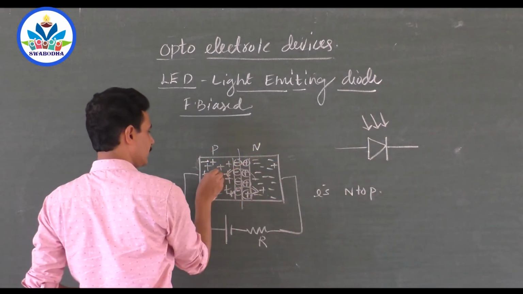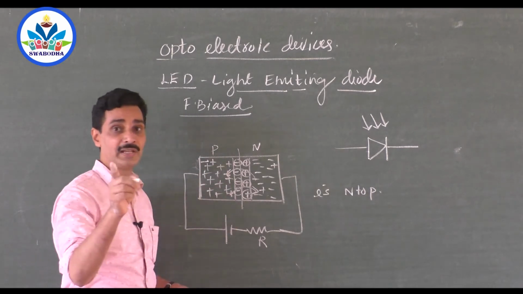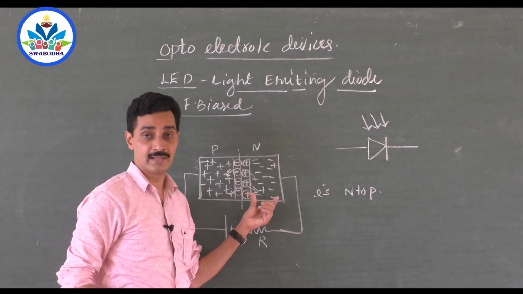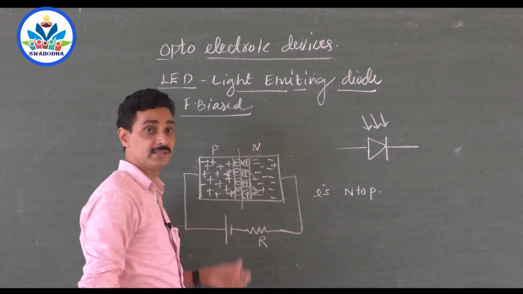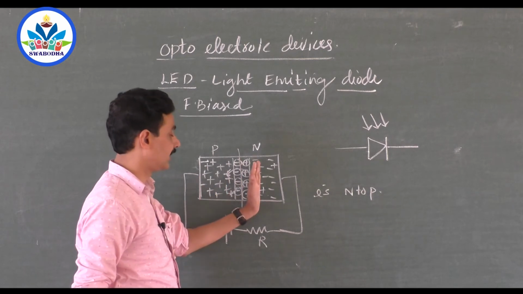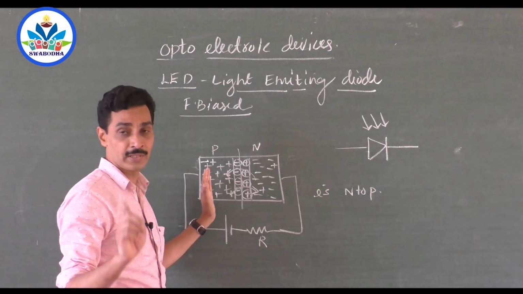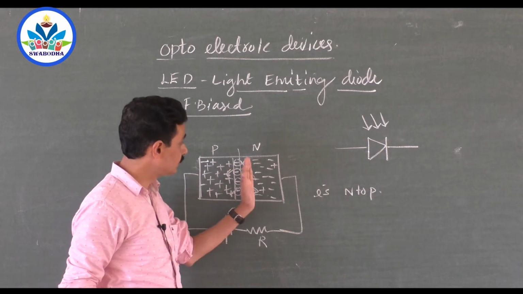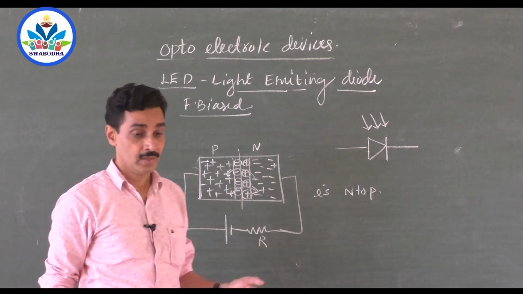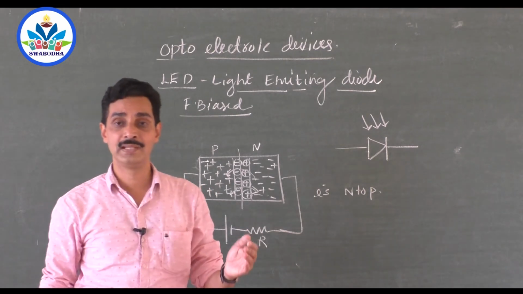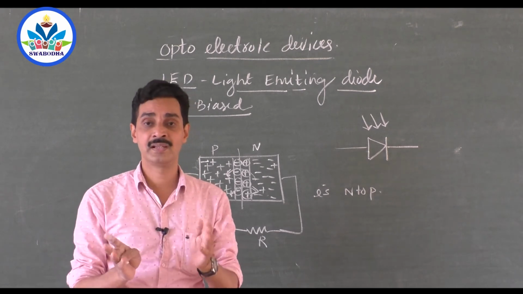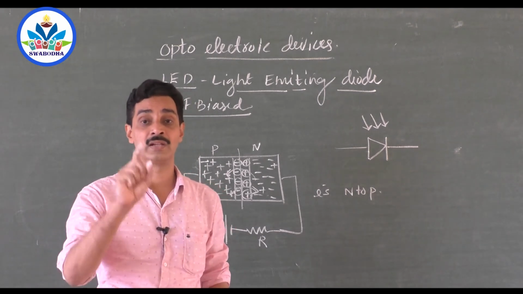When that electron comes here, in the P region, it is a minority carrier, isn't it? It may be a majority carrier in the N region, but when it comes to the P region, it is a minority carrier. Similarly, holes are majority carriers in the P region, but by the time they move to the N region, they are minority carriers. So either side of the depletion region is filled with minority carriers.